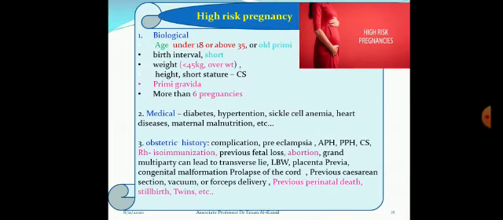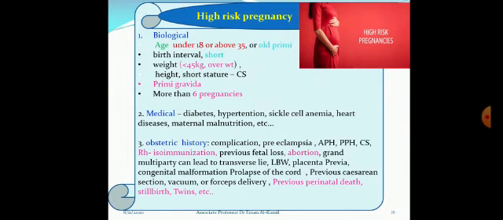The high-risk pregnancy. The most common causes of high-risk pregnancy include either biological causes, medical causes, or obstetric causes. The biological cause which makes the mother at risk of having a high-risk pregnancy is the age, as we mentioned, under 20 or under 18 or above 35 years of age.